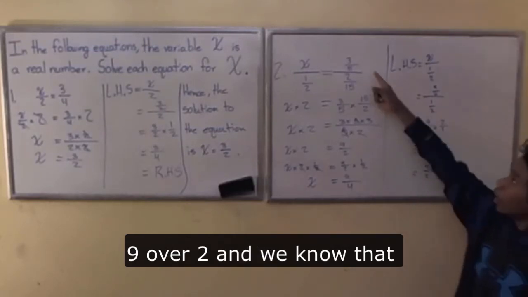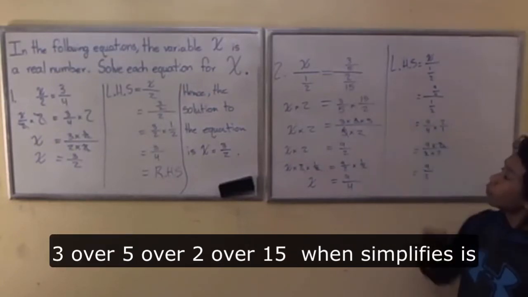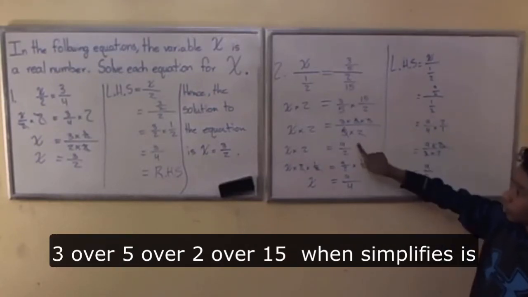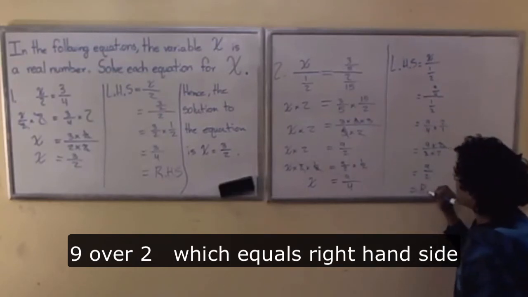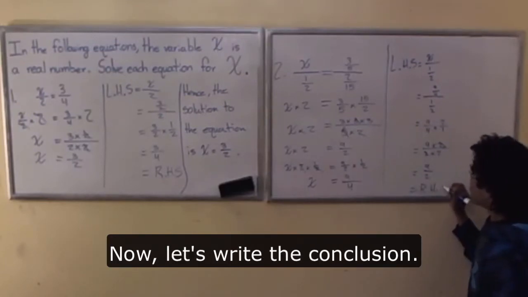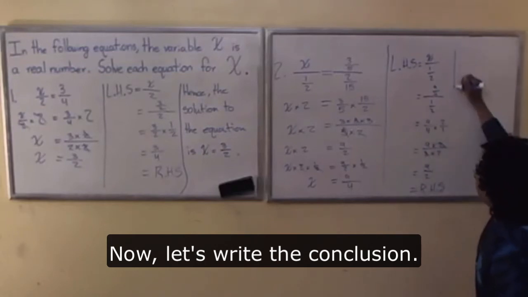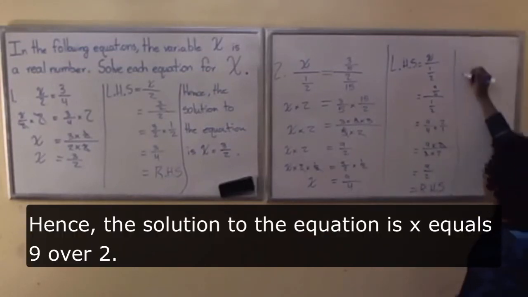And we know that 3 over 5 over 2 over 15 when simplified is 9 over 2, which equals right-hand side.